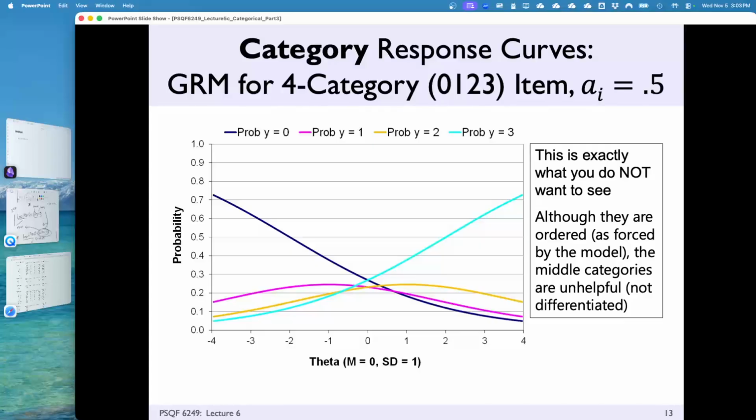For theta values between -4 and 0, the most probable response is selecting y equals 0 for that item. And then once theta gets bigger than 0, once the latent variable is above its mean on a standardized variable, the most likely response is the highest category. That doesn't mean people aren't selecting these other categories. It just means their probability is much lower.